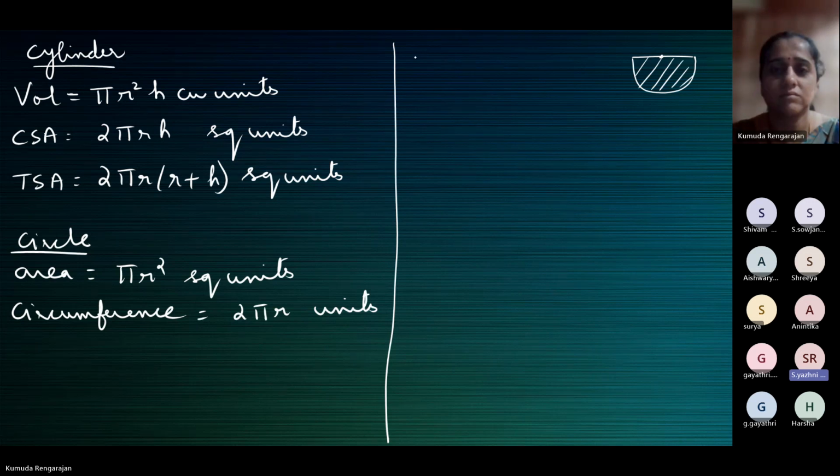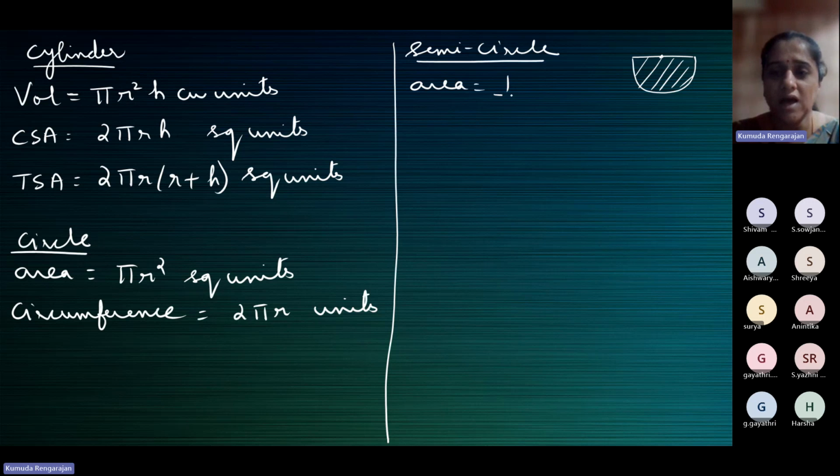Ma'am, half into pi r square. Very good. Semicircle. Area is equal to half into pi r square, because area of a circle is pi r square. Semicircle will be half of that. So half into pi r square, square units.